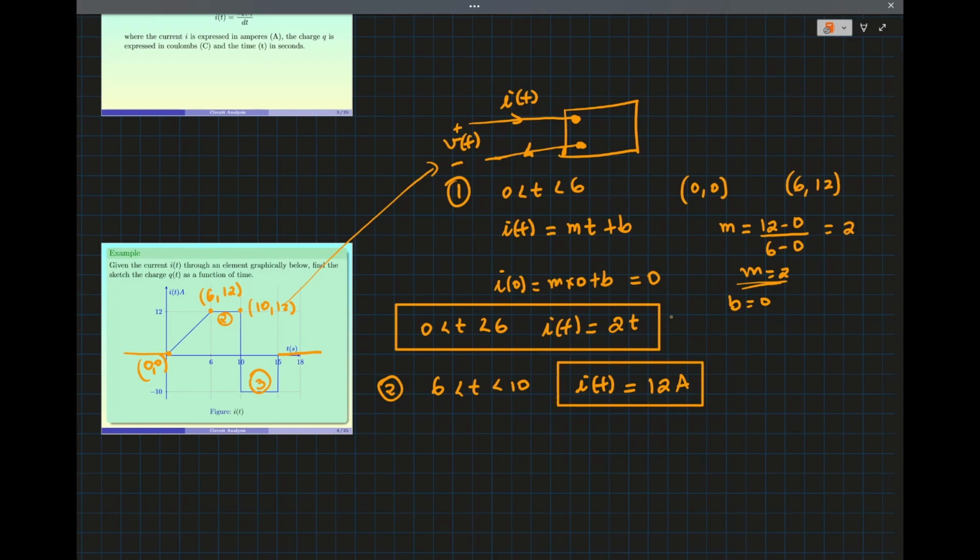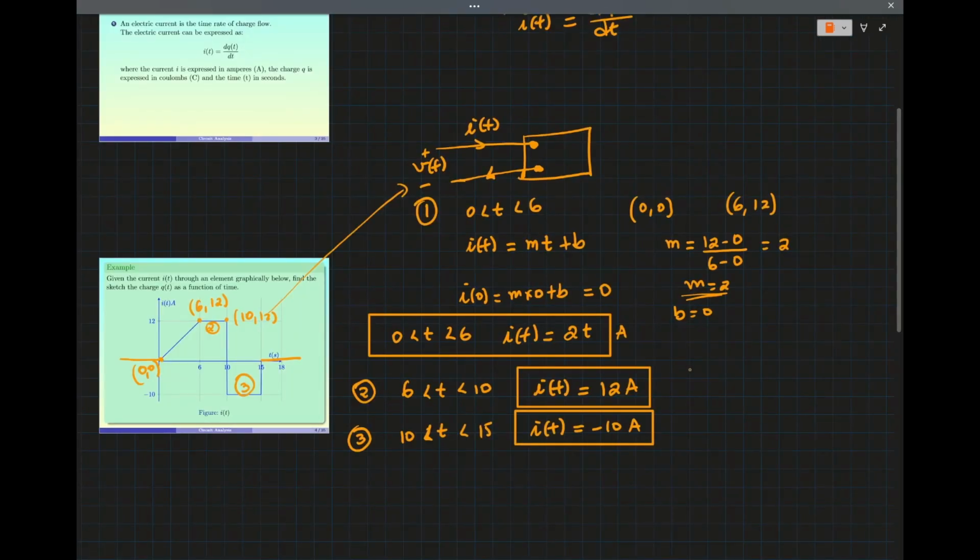Section 3: we have 10 less than t less than 15, and the current I of t is equal to negative 10 amps. And then for t bigger than 15, the current is 0.